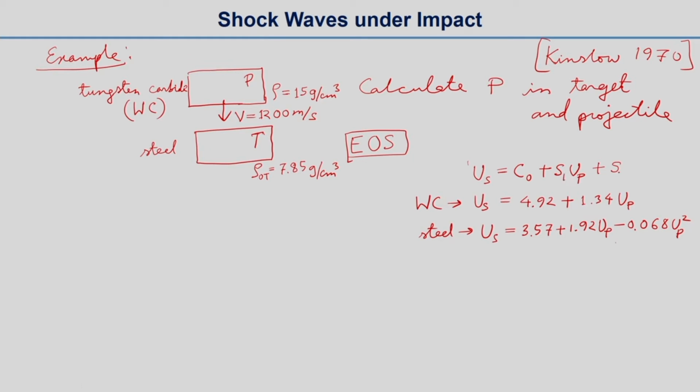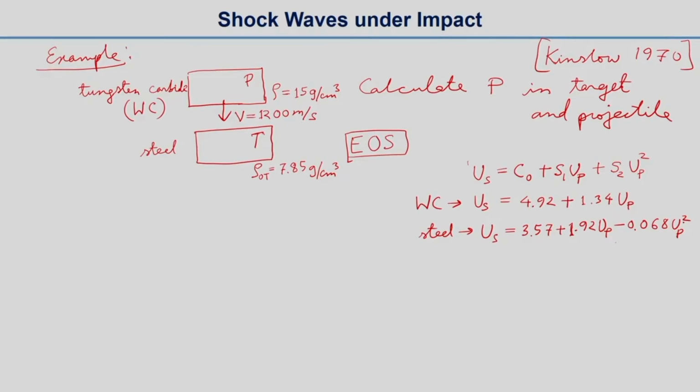If you write S1, S2, that can be UP square, or there can be even higher terms that we already discussed. So, for steel, due to some complex behavior, not maybe all steel, but for some material, that may be arising due to some complicated behavior like phase transformation or so. So, we have one more term which is a quadratic term, UP square.